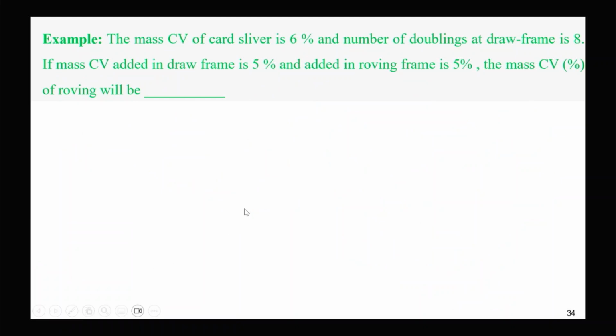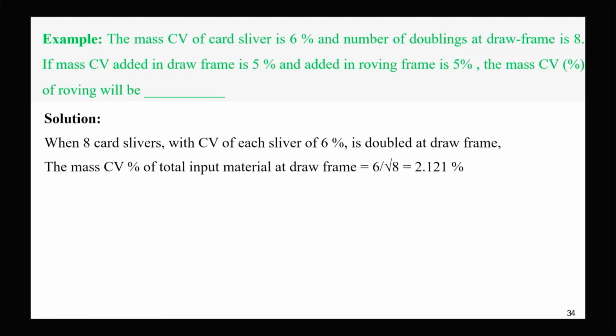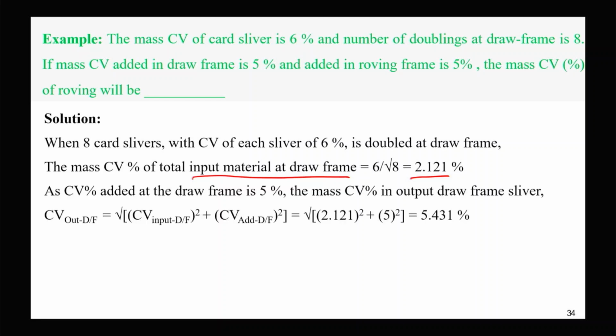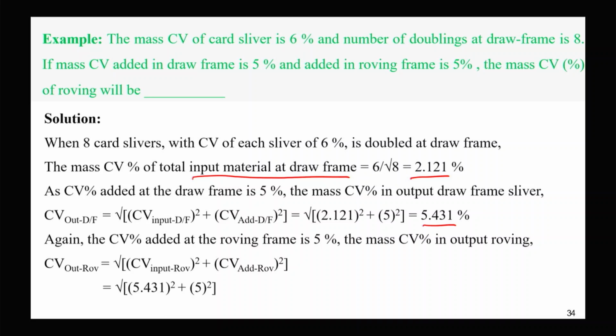So let us see. 8 card slivers, 6% as we have discussed. So the input material at the draw frame is not in sliver form, it's in a mass form, 8 slivers together, and then 5.43 is added, and again 5% is added at the roving frame.